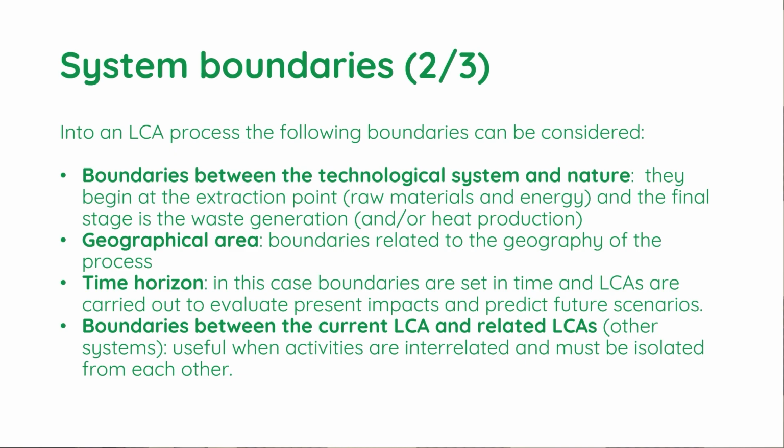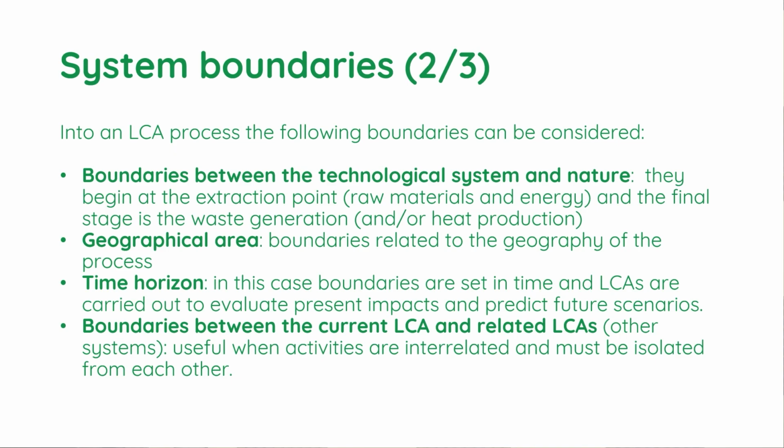In an LCA process, we have to consider the following boundaries. First, boundaries between the technological system and nature. They begin at the extraction point, for example raw materials and energy, and the final stage is the waste generation. Then we have the geographical area, so the boundaries related to the geography of a process.